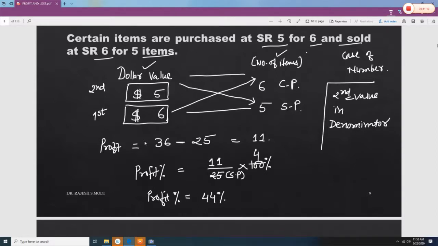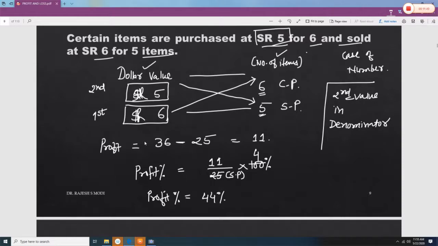Certain items are purchased at 5 rupees for 6, so 6 is a number, and sold at 6 rupees for 5.